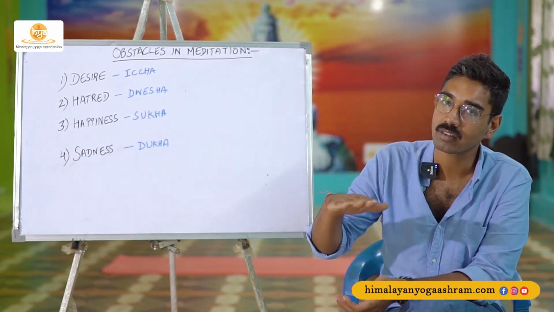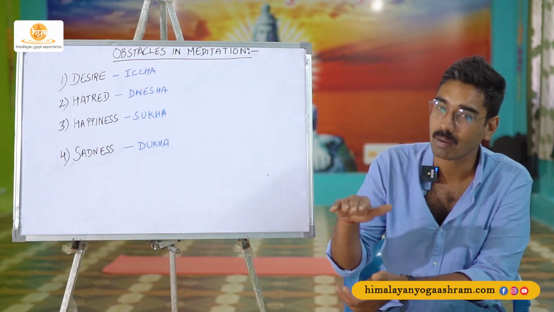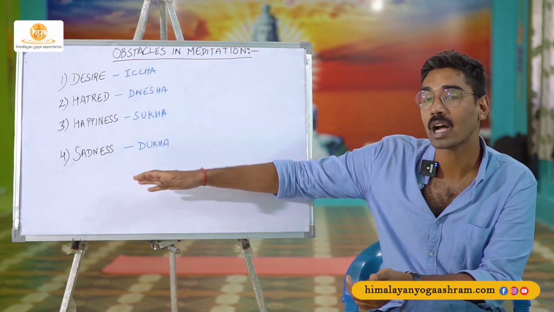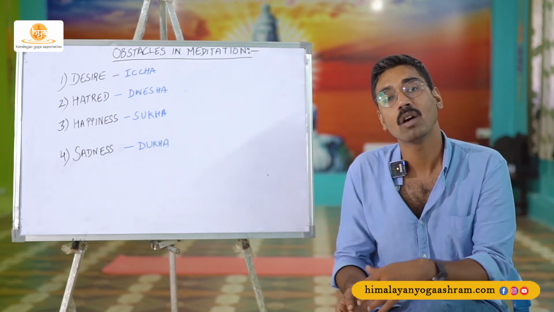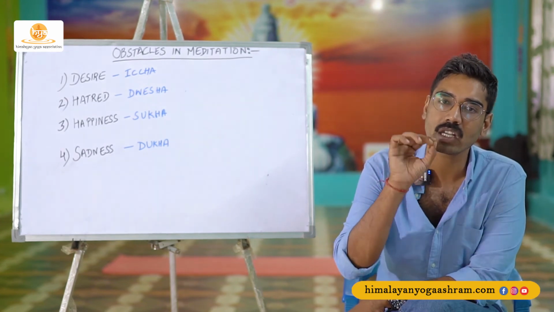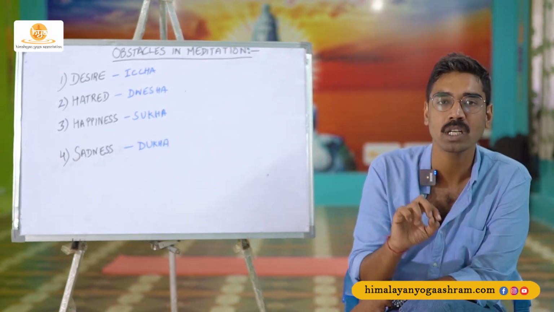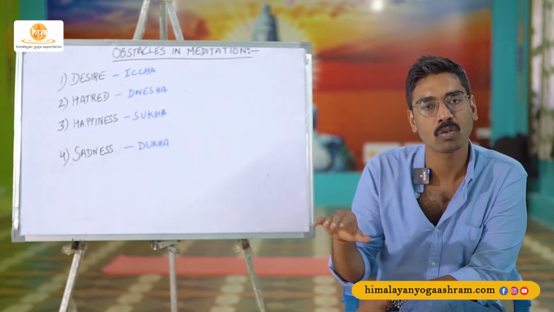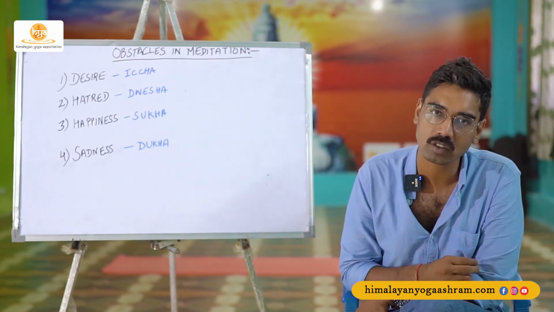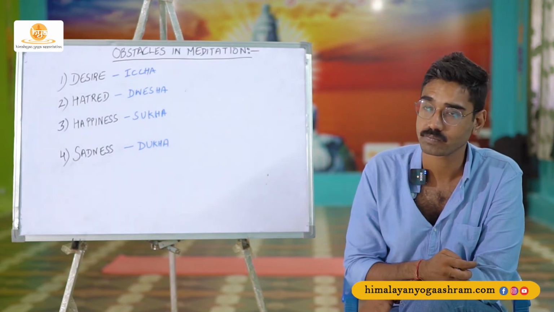This state, which is considered a balanced state, means that you're not too happy or too sad, or hating something, or loving something. It is the perfectly balanced situation, which is contentment, and it will help you remove the fluctuations of the mind. And yoga is all about removing the fluctuations of the mind in the first place.